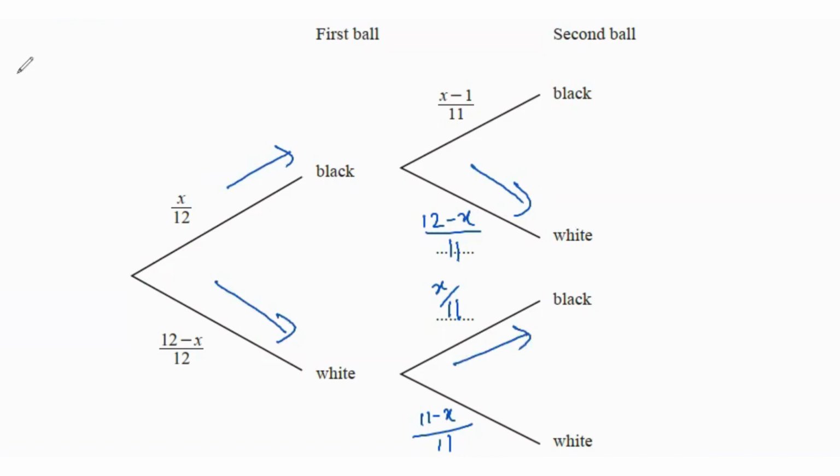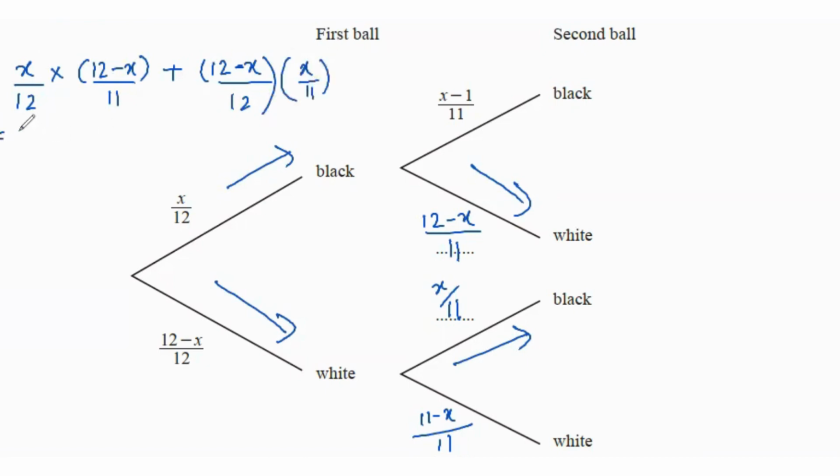So it's going to be x over 12 times (12 minus x) over 11, plus (12 minus x) over 12 times x over 11. So that's going to be (12x minus x squared) over 132 plus (12x minus x squared) over 132.